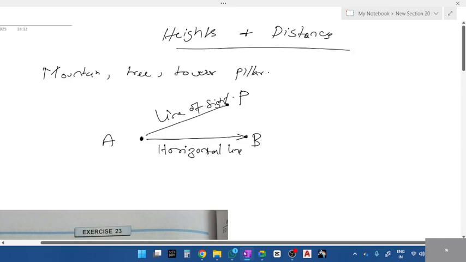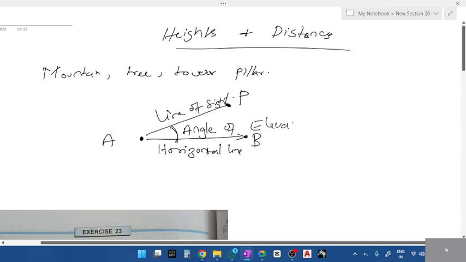Fine. From A to P, when you look at the point P, that is line of sight, and the angle formed here we call angle of elevation. So you're at point A, students, looking at point B. If you want to view point P, you have to raise your head, in an upward direction. That is known as elevation.